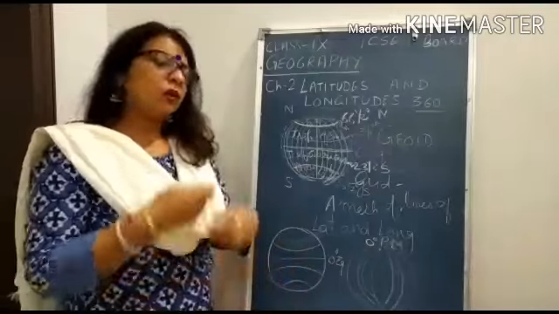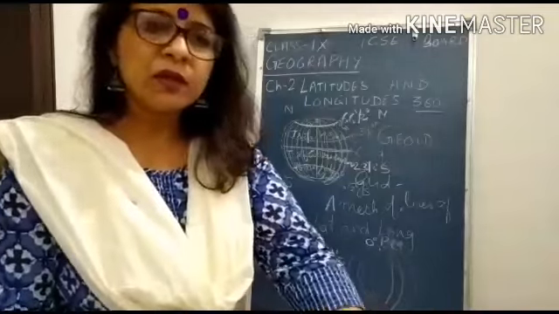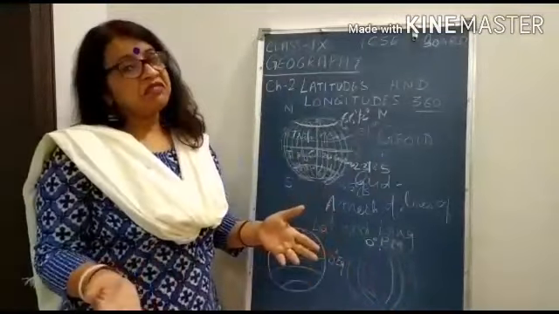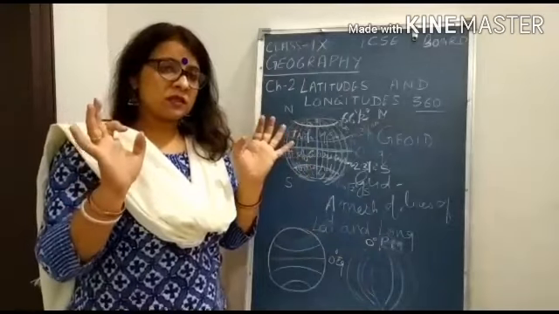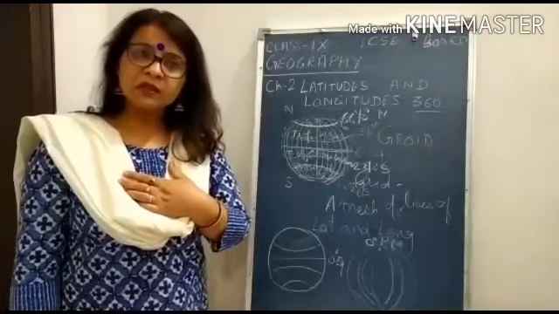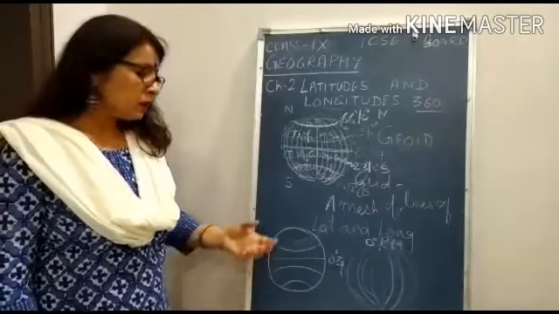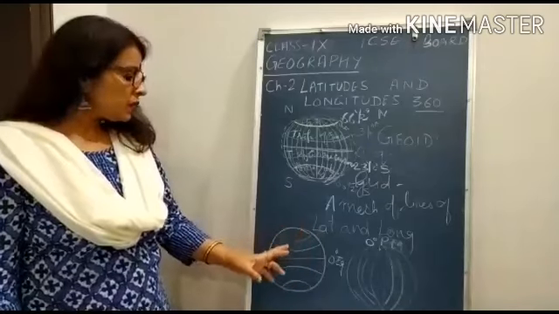We cannot draw any number of lines. If we start drawing lines on this ground, we can make trillions of lines, infinite lines. So for our convenience, for acquiring knowledge, we have divided it among 5 main parallel latitudes.